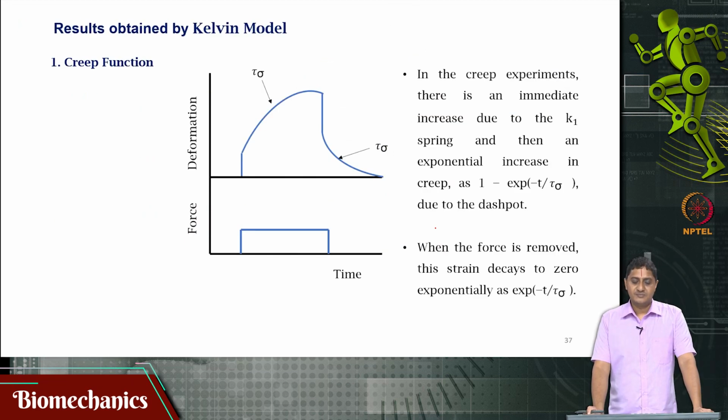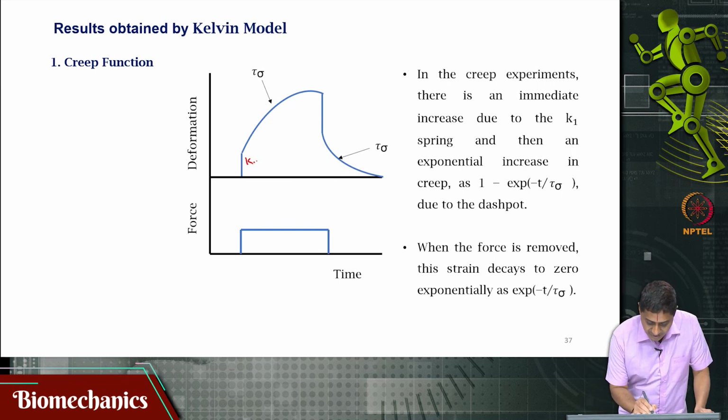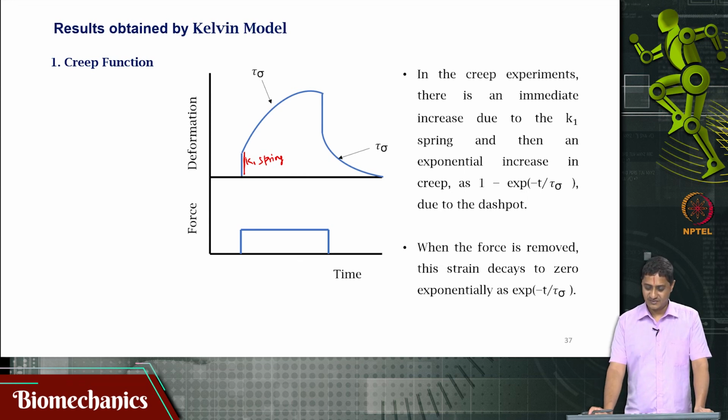Now, what about creep? When I apply a step change in force, what happens? There is a sudden or immediate increase due to the K1 spring. There is an abrupt increase due to K1 spring. And then the deformation continues to increase as in 1 minus e power minus t by tau, but which tau?